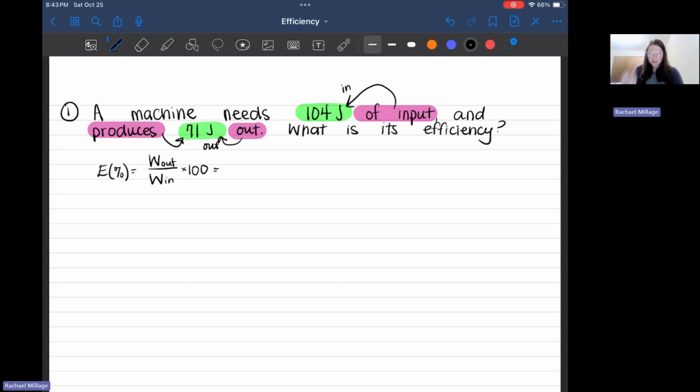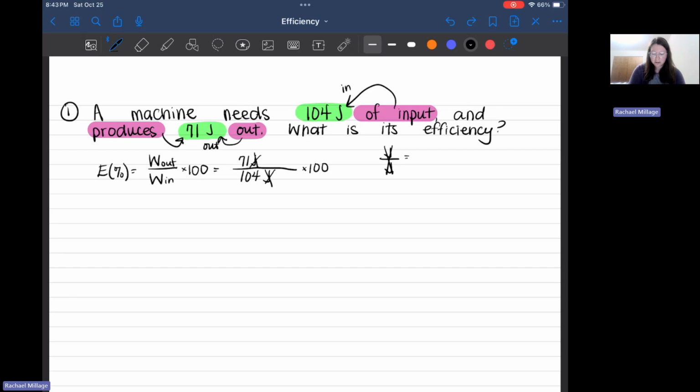So now I can put those into my equation. Efficiency as a percent is my work out, which is 71 joules, divided by my work in, which is 104 joules, times 100. My joules on the top and on the bottom cancel out. We said that anything divided by itself is always equal to 1, and so we can cross it out.